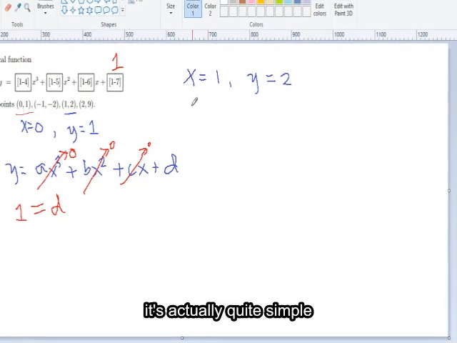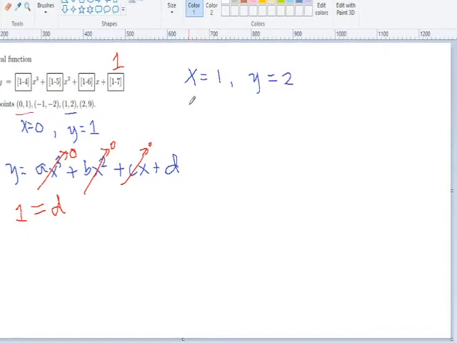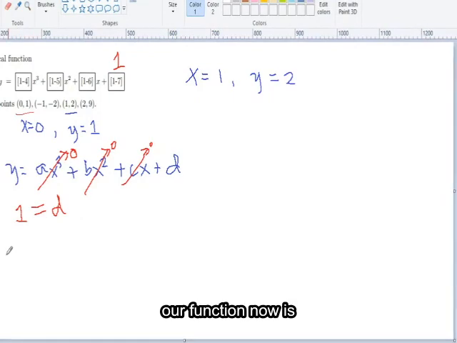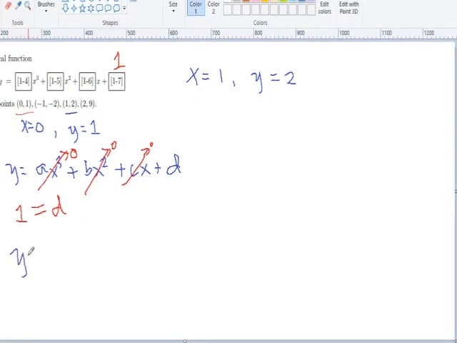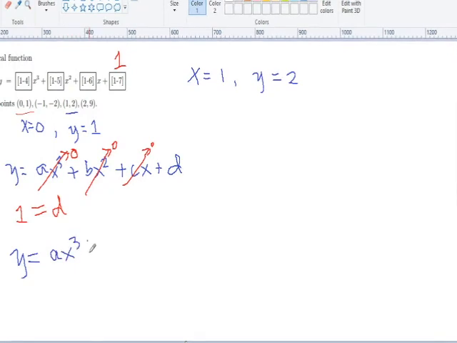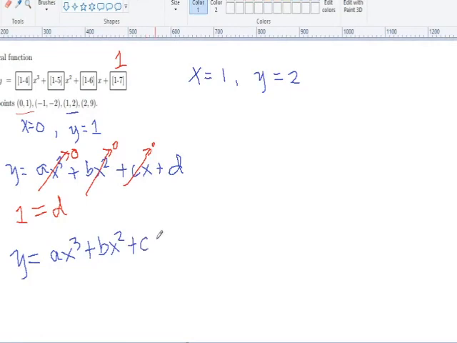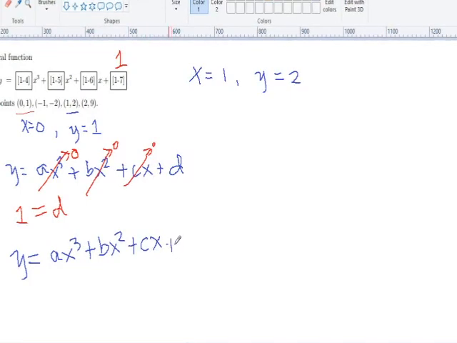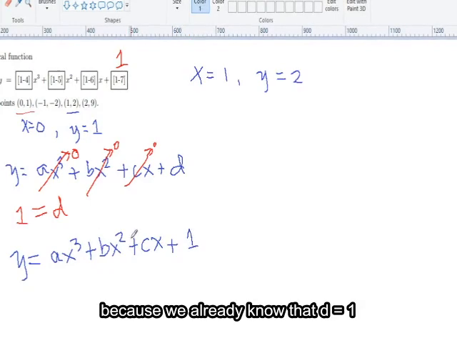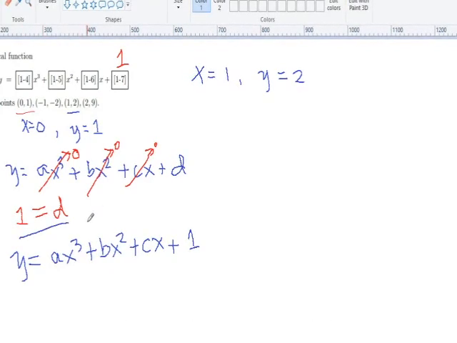It's actually quite simple. So when x equals 1, our function now is y equals ax cubed plus bx squared plus cx plus 1, because you already know that d is equal to 1.